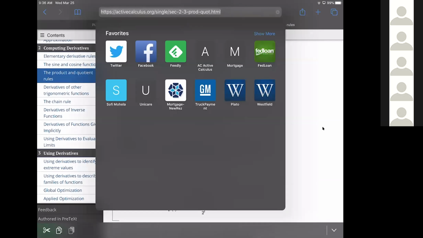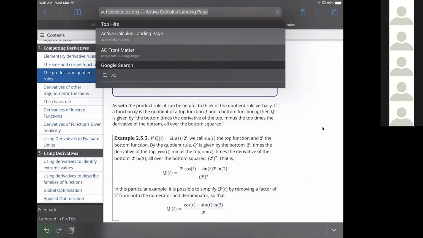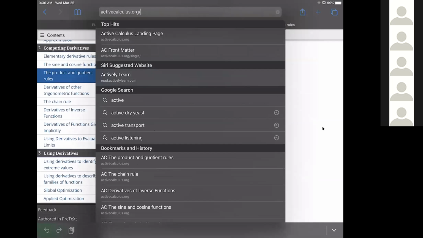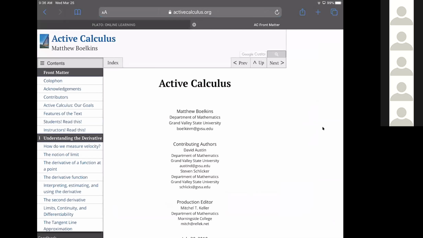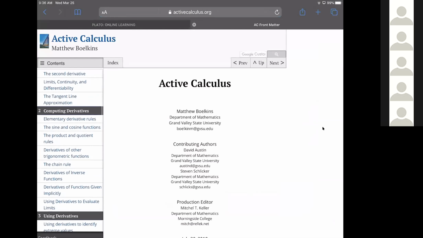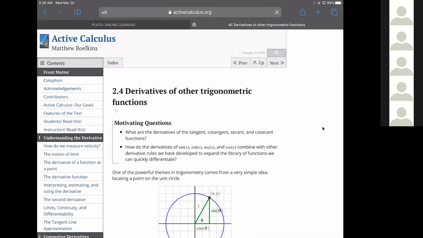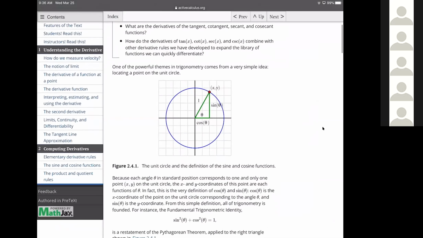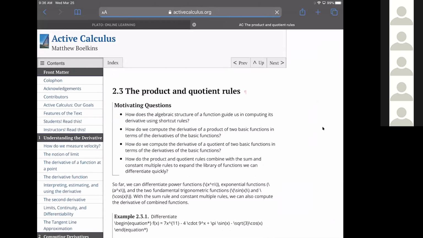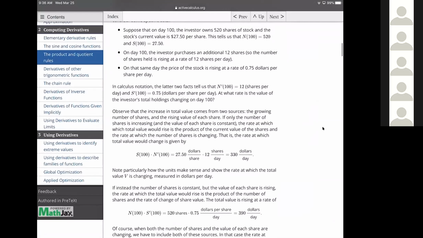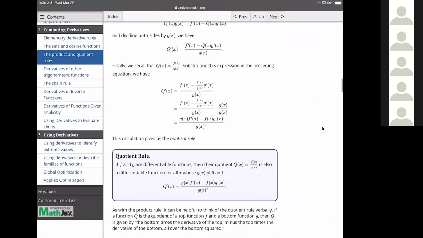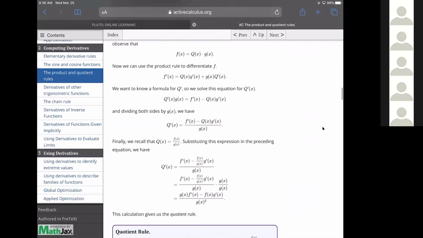It's also linked on our Plato page, but if you type in activecalculus.org/single, it will bring you right to the home page, and then we're down here in section 2.3, product and quotient rules. What we'll see is what we just walked through as this derivation.